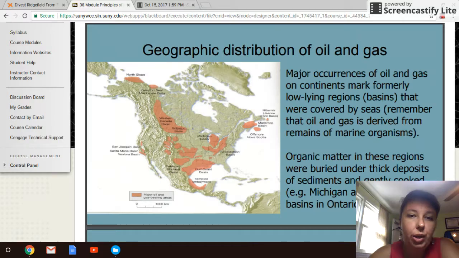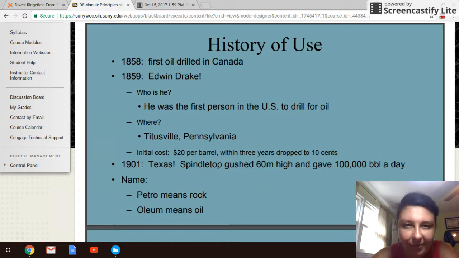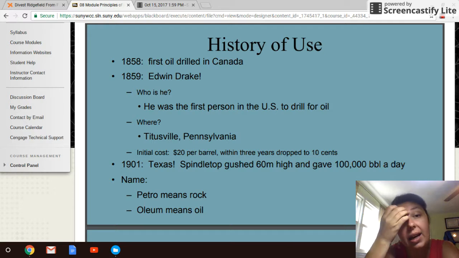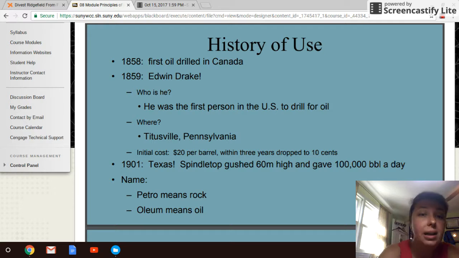As far as oil distribution, you can see in the pink some of our marine oil reserves and places where you can find some oil in the earth. As far as history, specifically in the USA, the first oil drilling rig was in Canada.